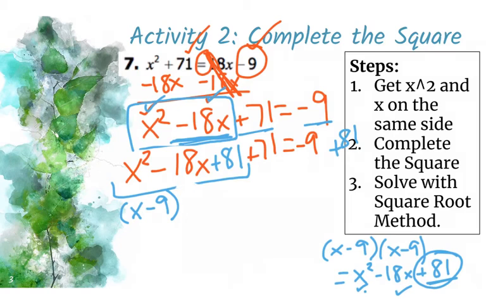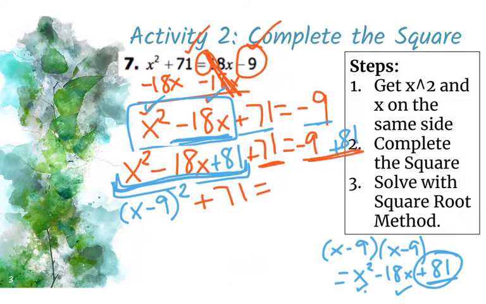Okay, x minus 9 squared. So that takes all of this perfect square trinomial, and I'm just rewriting it as its factor squared. So now I'm just going to add 71 equals, all right, so I got the plus 71 here.